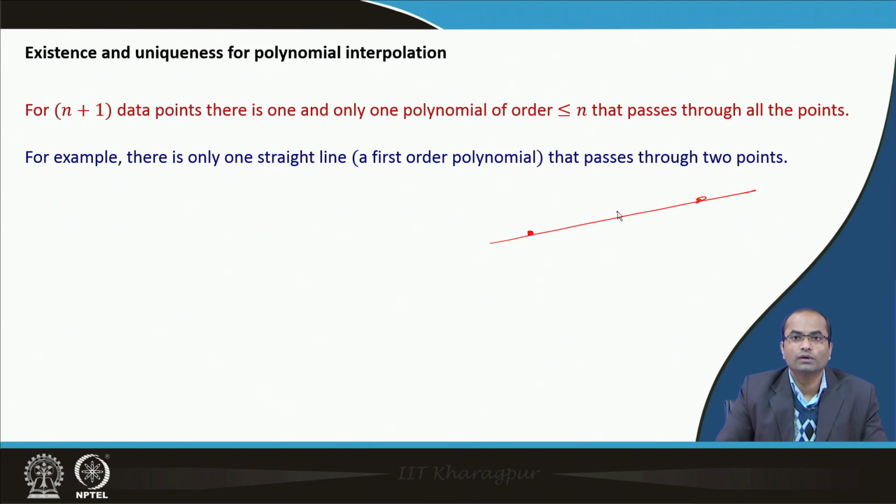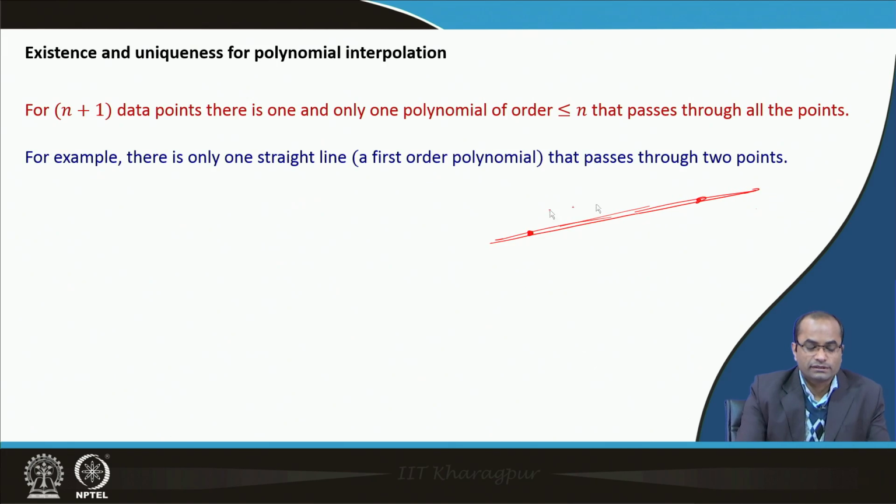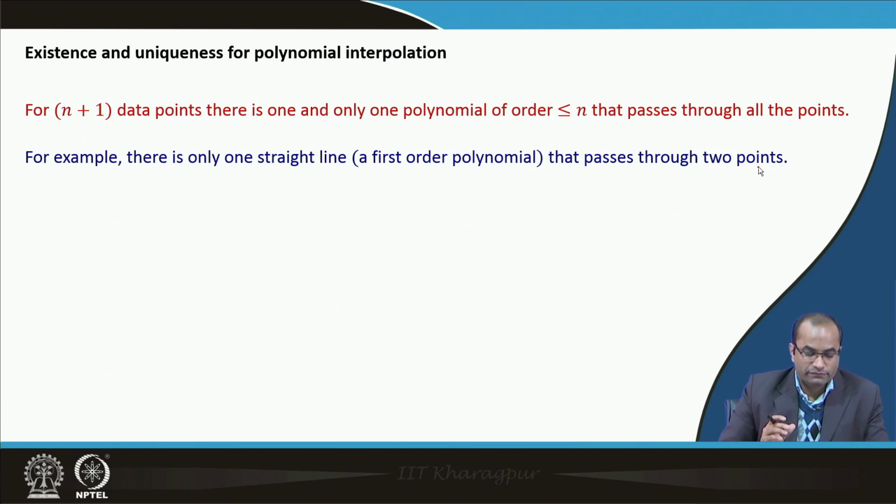There cannot be two different lines which pass through both the points. So, there is uniqueness and there will always be a line, so there is existence. There is only one straight line, a first order polynomial in this case, when 2 data points are given, that passes through the given 2 points.